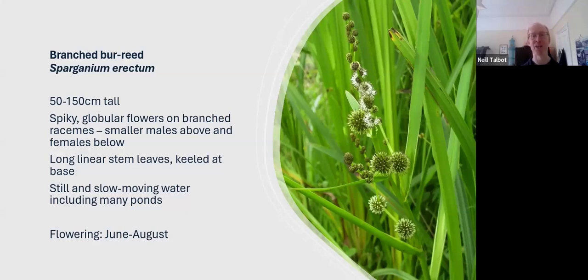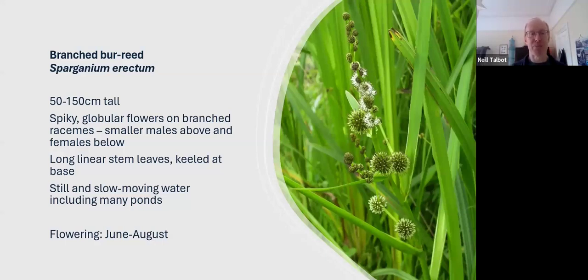There is also an unbranched burr reed, which is smaller and slightly less common, but you're more likely to see the unbranched burr reed in a river, and they have some floating basal leaves that look a bit ribbon-like.